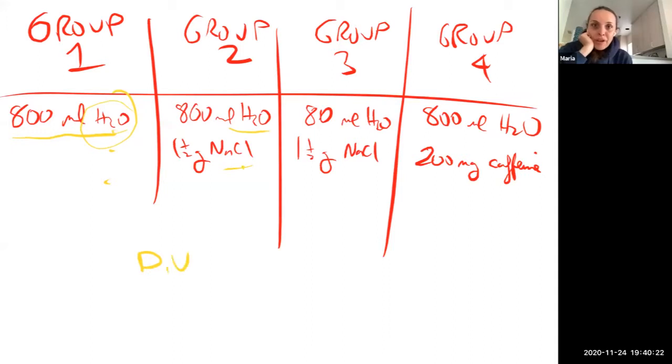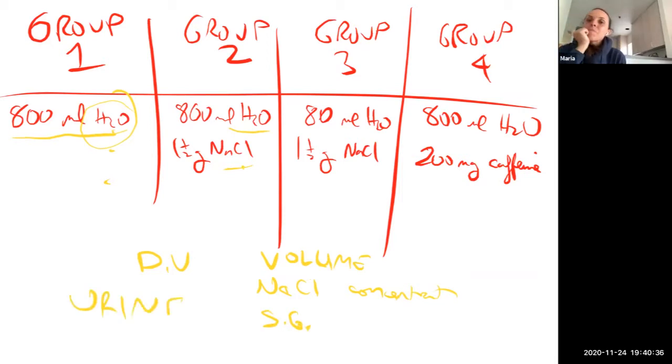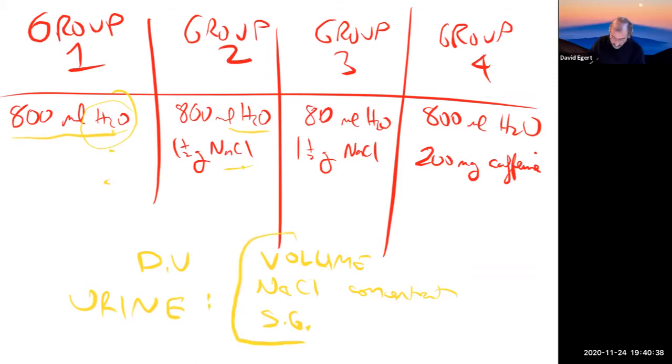Volume of urine, exactly, salt concentration, and specific gravity of the urine. So these different qualities of the urine: the amount you're making, how much salt, and specific gravity.